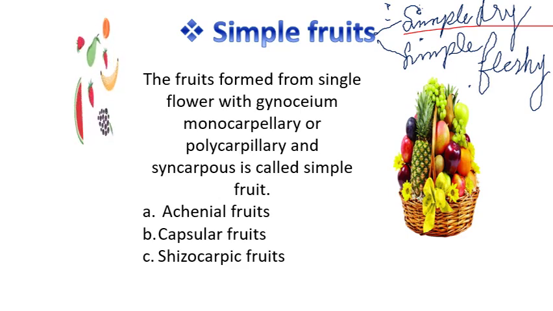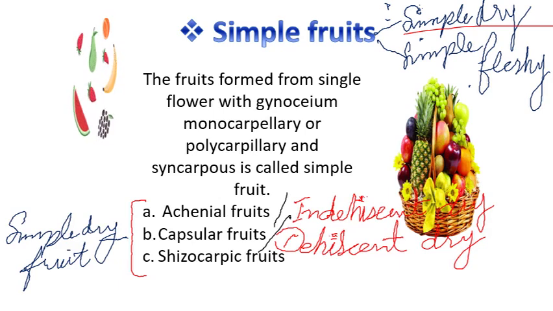Simple dry fruits are further categorized into three forms: the achenial fruits, that are also called indehiscent dry fruit; the second one is capsular fruits, that are also called dehiscent fruit; and the last one is schizocarpic fruits. One by one we discuss these three types of simple dry fruits in our lecture. Now let's start.